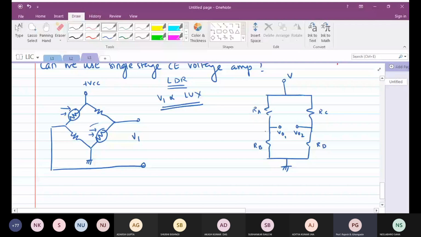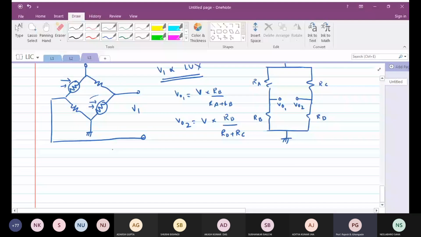So VO1 is V into RB divided by RA plus RB. Similarly, VO2 is V into RD divided by RD plus RC. And what we have here is the net output voltage, which is the differential between these two.